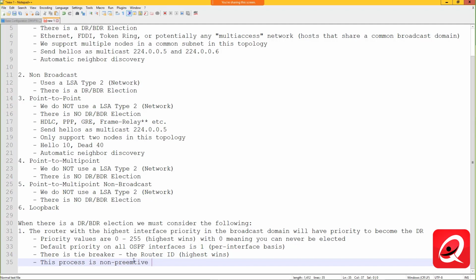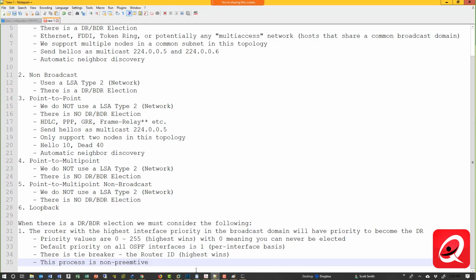But as long as I notice that the DR is active, and there's a keepalive mechanism that takes place, and it's part of the hello packets and whatnot, as long as I can identify that the DR is active, then I'm not going to take over the role as the DR in this particular case.